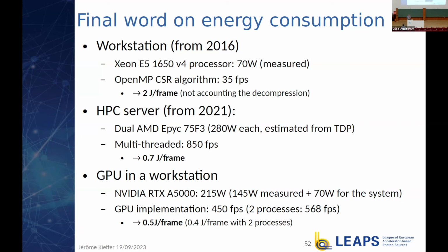This is just to give an idea. So we get a factor 4 to 5 improvement by using the proper device. The GPU is consuming 145 watts when used with one process. I didn't put the figure, it's something like 200 watts with 2 processes.